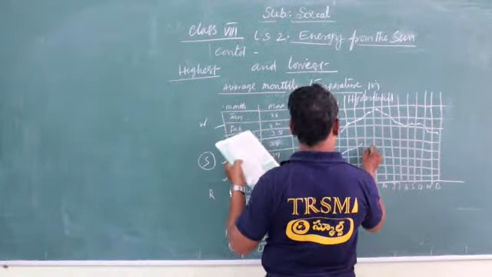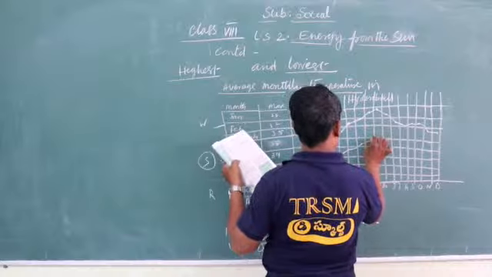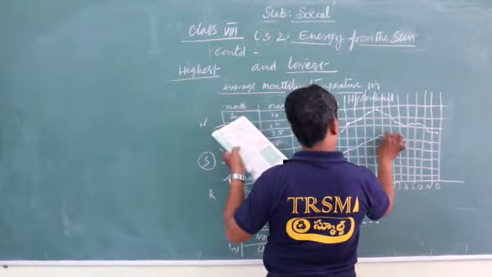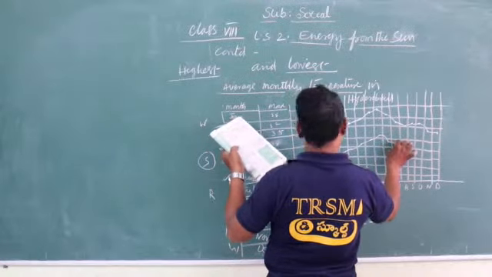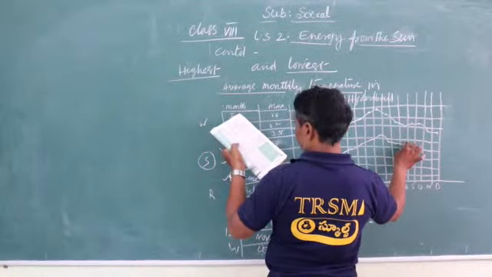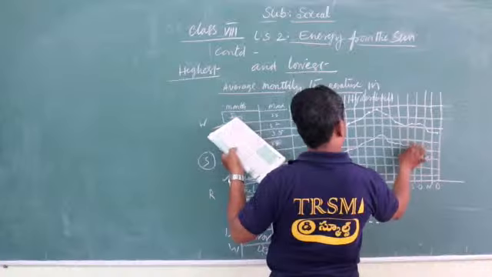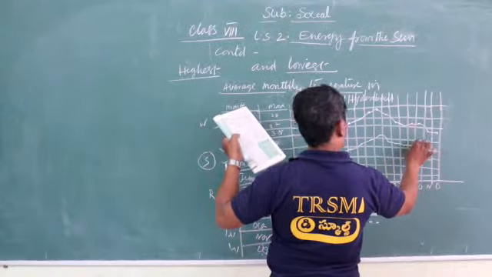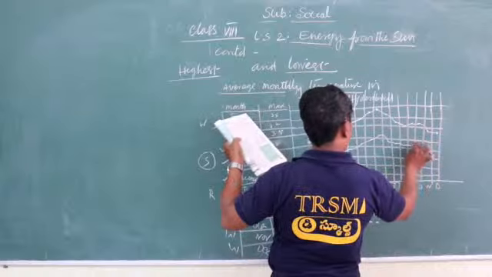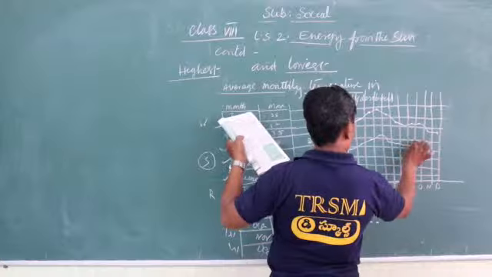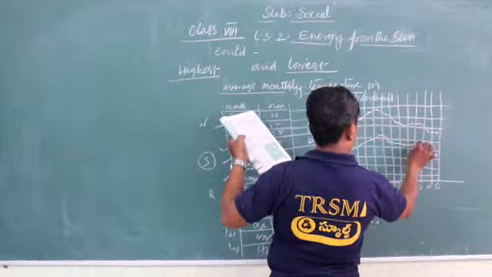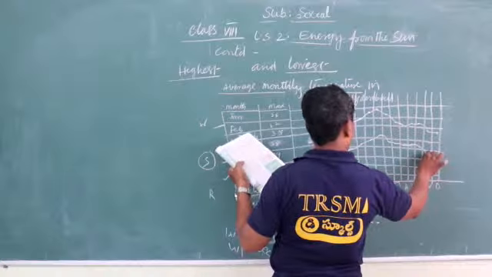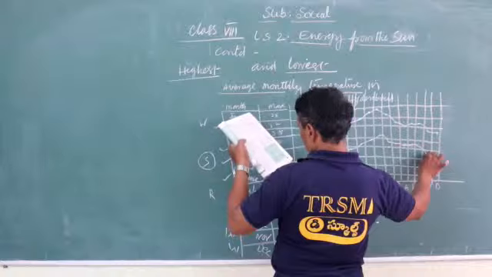Later 24, and again 26 and 24, 23 and 22 and 22 and then 21, 17, okay, and then 15.